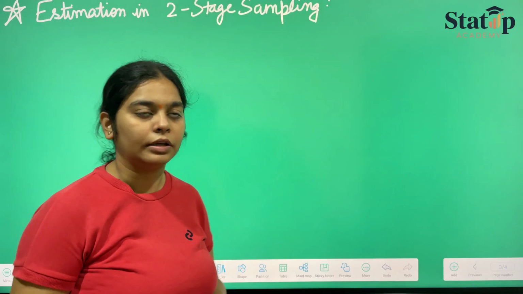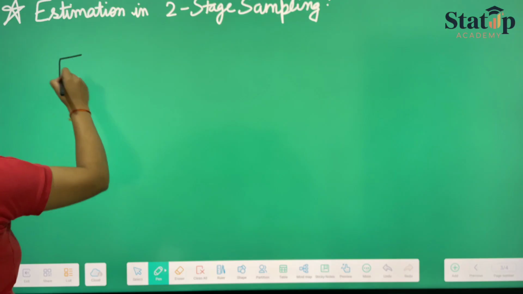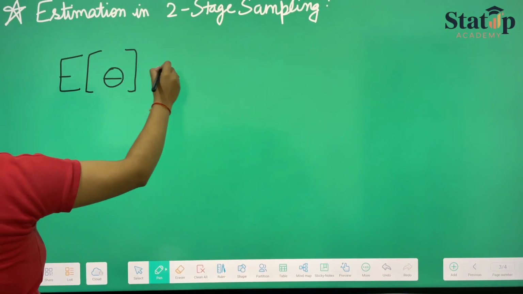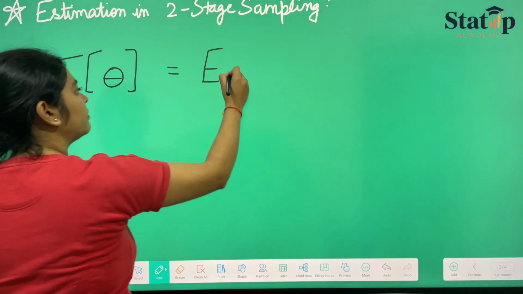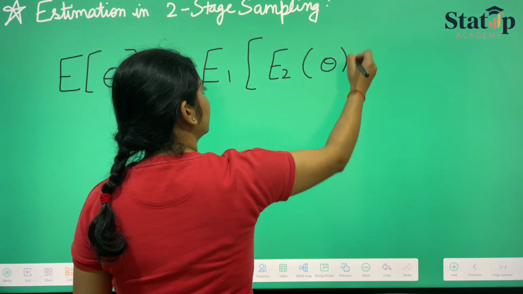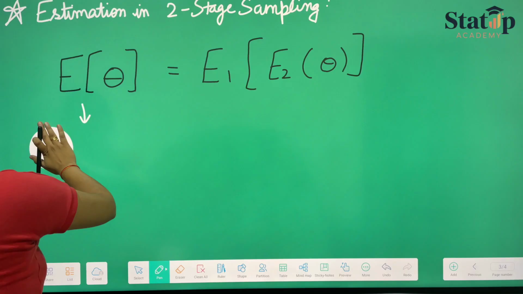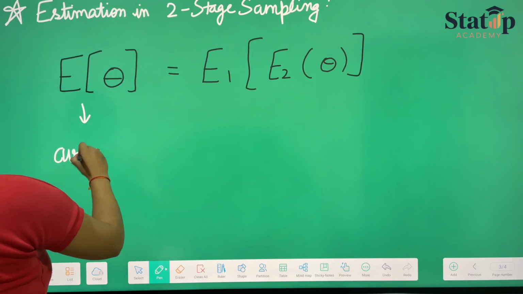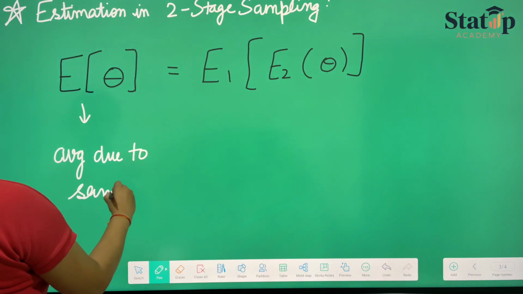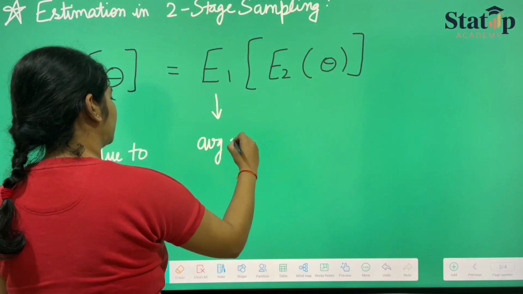And then conduct our study. So estimation in two-stage sampling can be written as, suppose we are estimating something for theta. Estimation of theta is given by E1 into E2 of theta, where E1 is the average mean due to the sample at stage 1, and E2 is the average mean at stage 2.